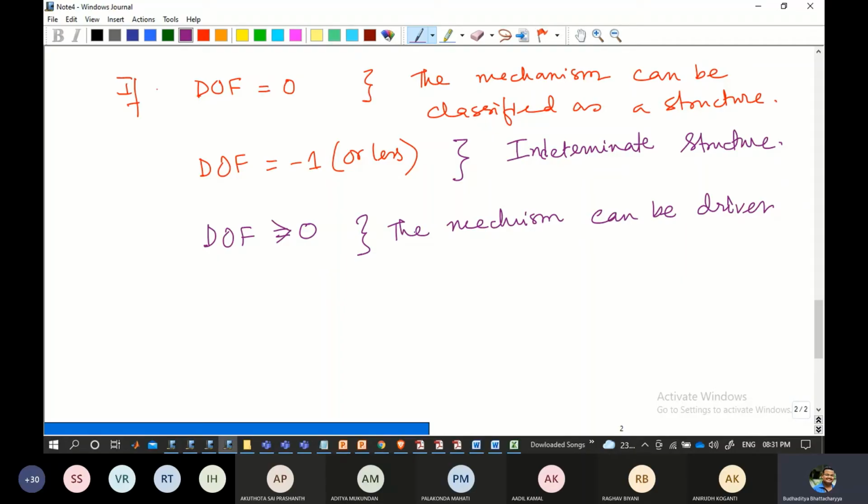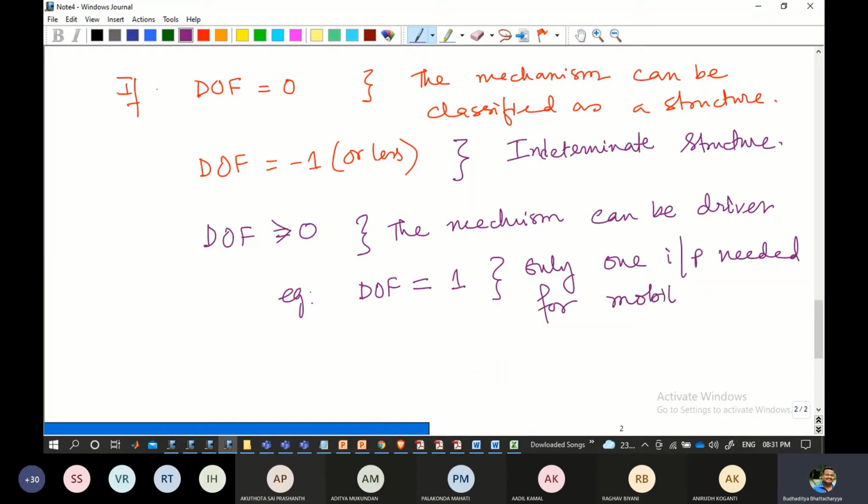In that also, for example, suppose instead of greater than, let me just put an equal. Suppose your calculated value is DOF equal to 1. This means only one input is needed for mobility, or for motion.